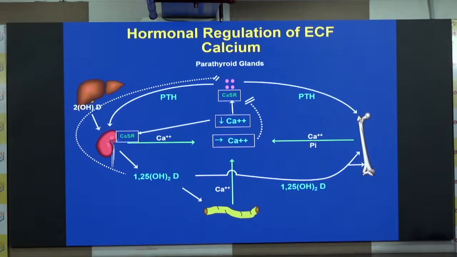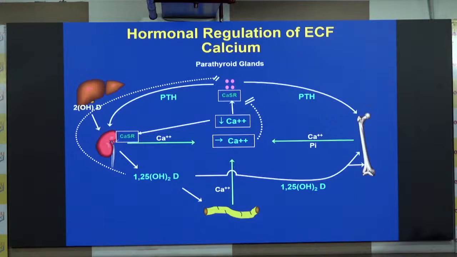Now, this process is modulated along with various other things by hormones, and I'm going to talk mostly today about parathyroid hormone and vitamin D. The FGF23, fibroblast growth factor 23, is another mediator which Dr. Karapoulos will talk about following my talk, I believe.